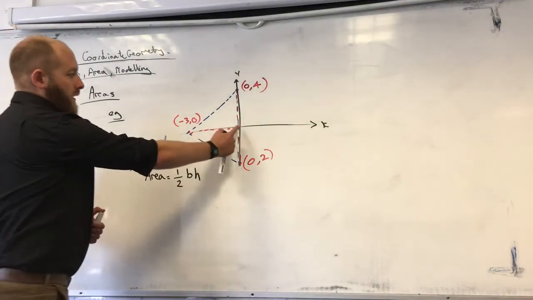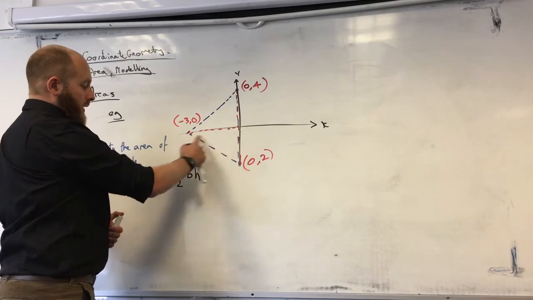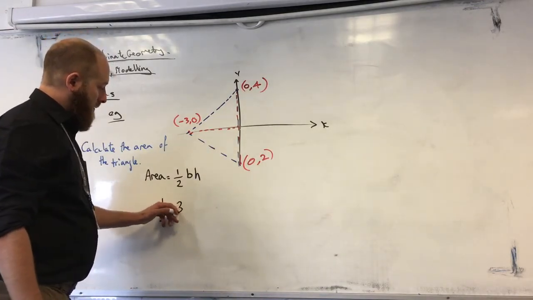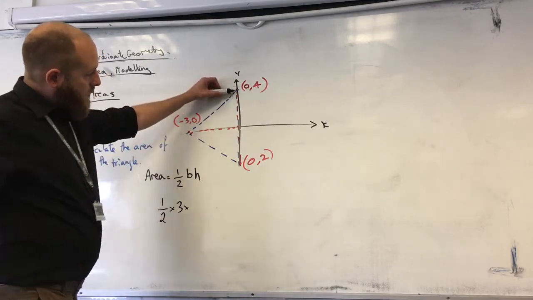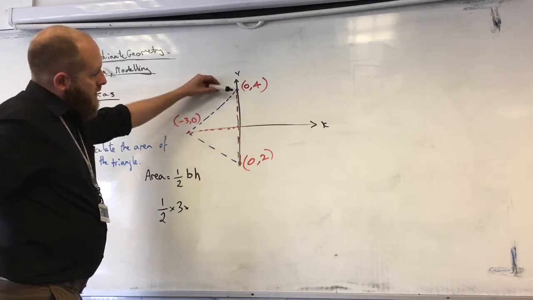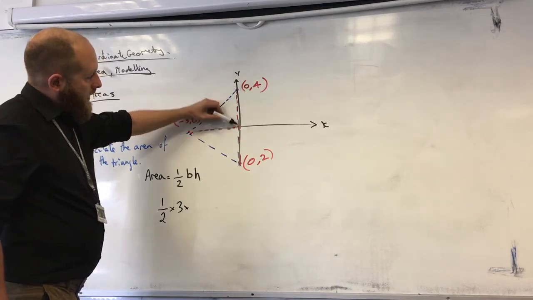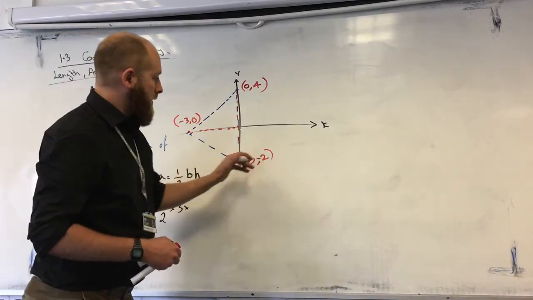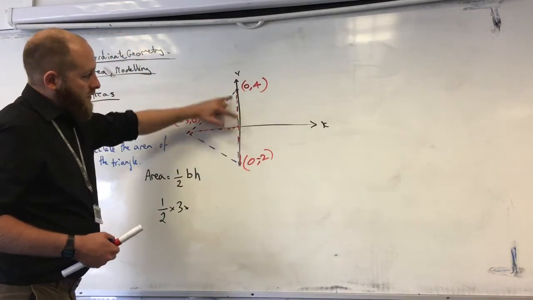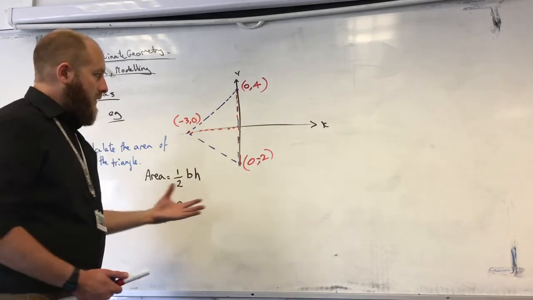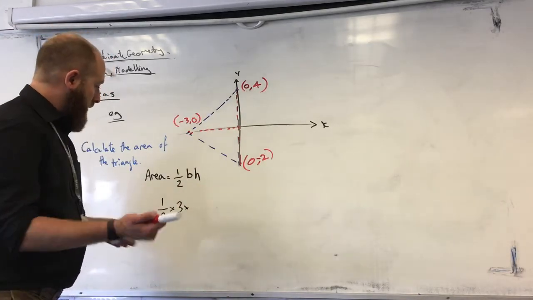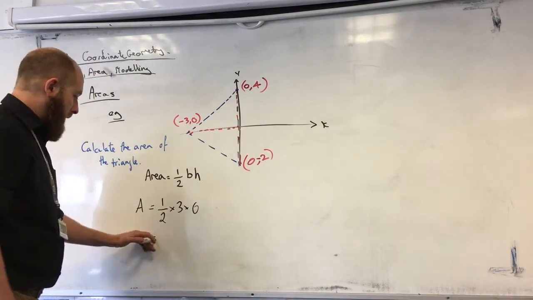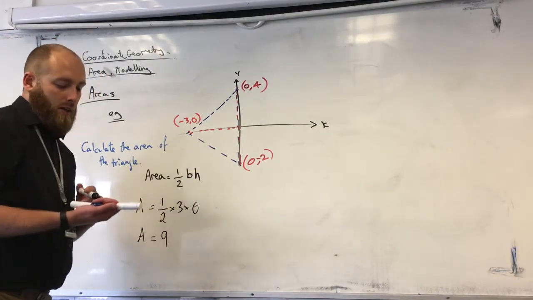So 0 minus 3, we know the height there is going to be 3. And we need the length of this line. Well, you could use the length of line equation, but because they're both on the y-axis, we can just say that's 4, that's minus 2, so the whole length of this is just going to be 6. But if you use the length of line equation, you'd still get 6. So half times 3 times 6 is our area, so we're going to get an area of 9.